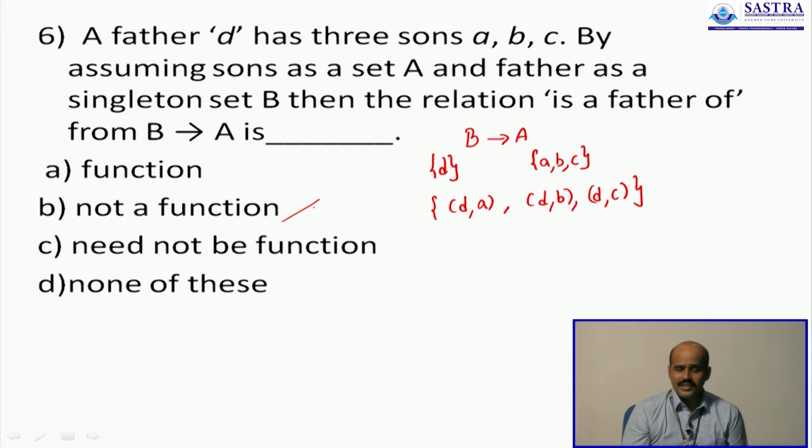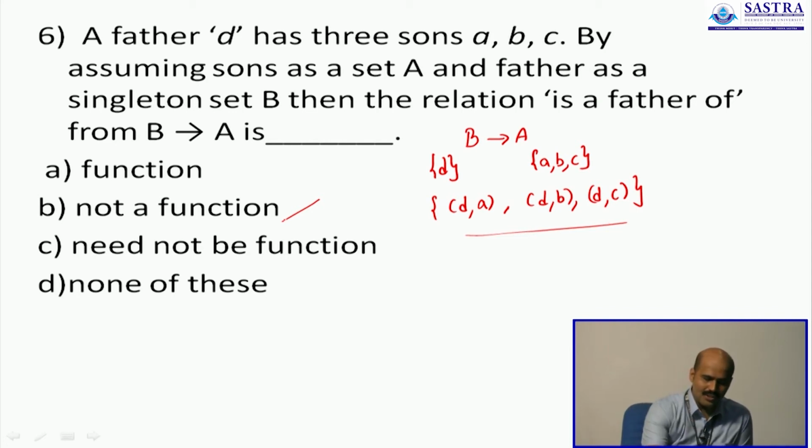Now it's easily observable that you cannot have three ordered pairs in a function, all of them starting from the same element, because if you can recall, the definition of the function says that every element should have a unique image, should have an image but only one image. You can't map it to three elements like what you have here in this example.